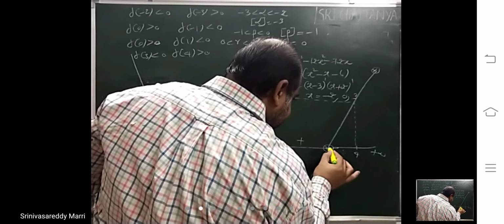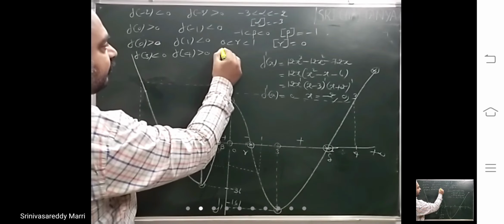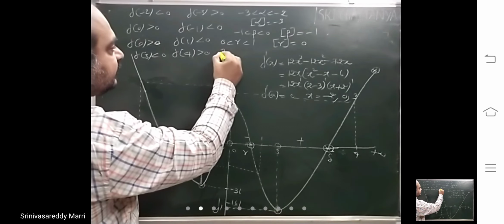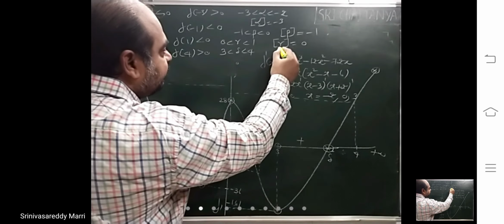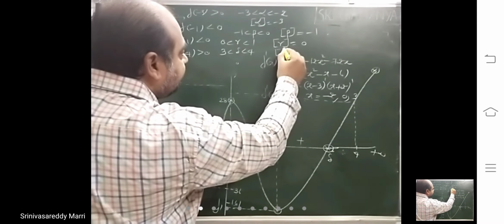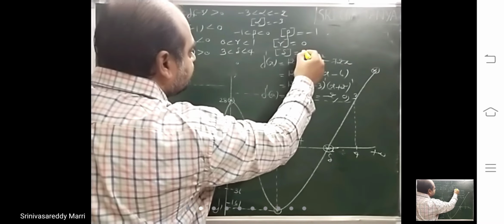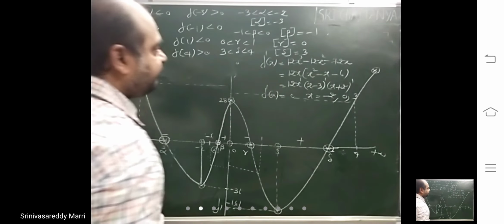That means delta lies between 3 and 4, so the step of delta is 3.